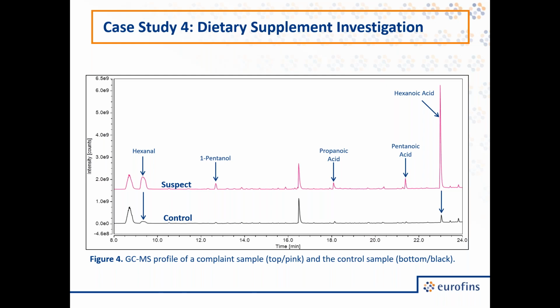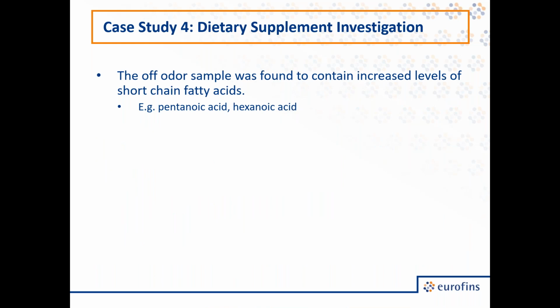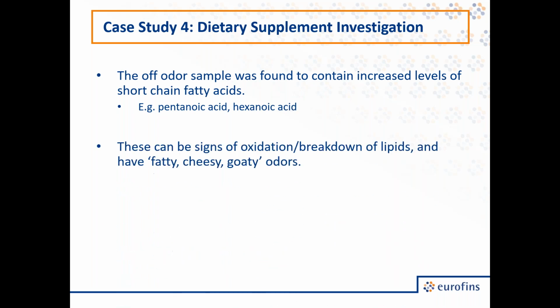In addition, we saw elevated levels of other compounds, namely hexanoic acid and hexanol. And a lot of these compounds, that is pentanoic acid, hexanoic acid, propanoic acid, are what are called short-chain fatty acids.